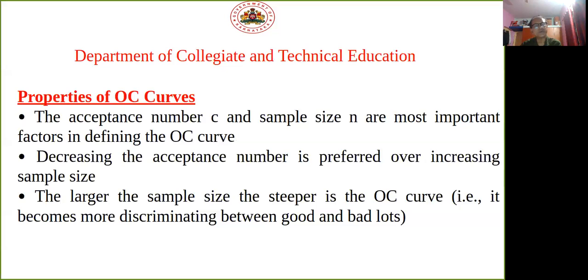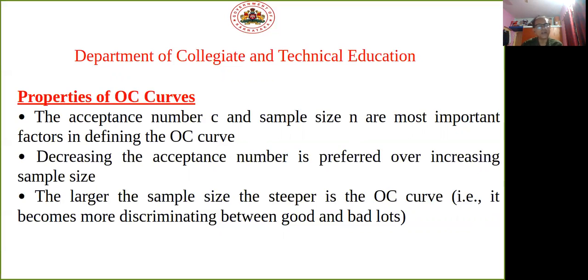So the next one is the properties. What are the properties it should have? The properties of the operating characteristics curve: the acceptance number C and the sample size n are the most important factors in defining the OC curve.